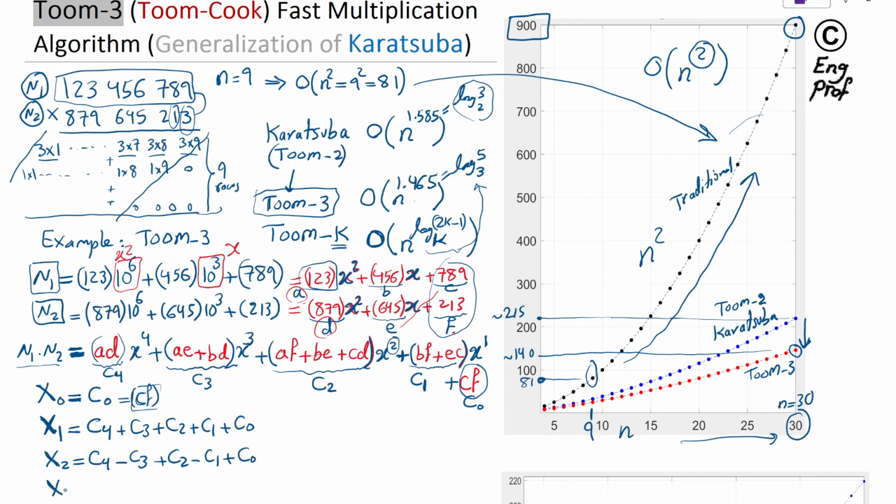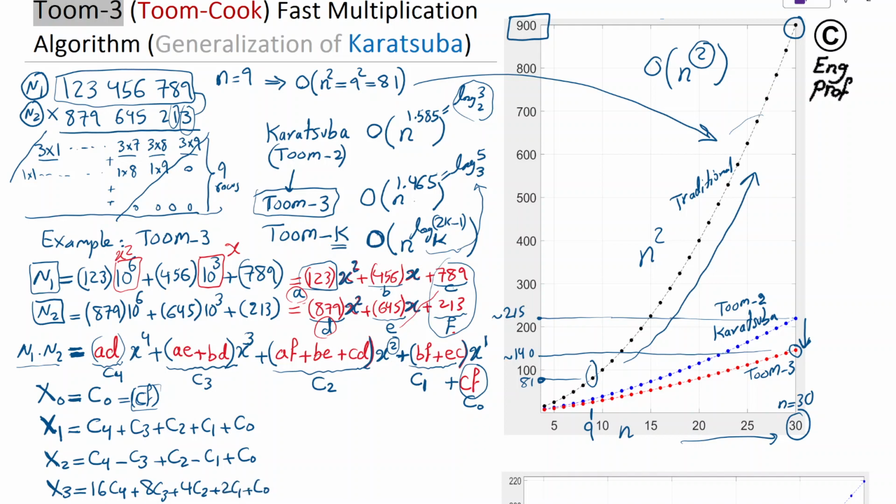And two more. I'm going to define x3 as 16 C4 plus 8 C3 plus 4 C2 plus 2 C1 plus C0.